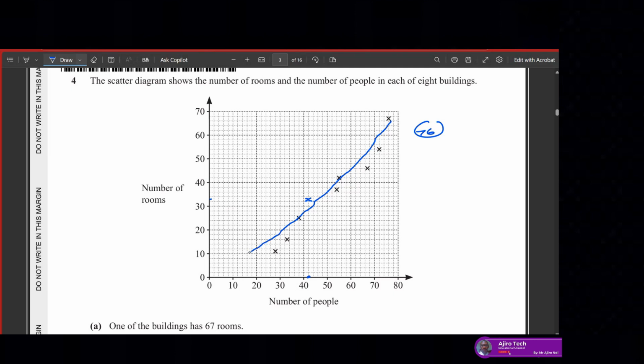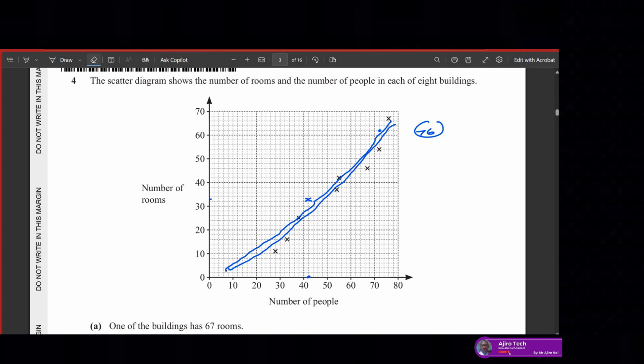You may touch some, okay? There is no particular order of drawing it, just that it should be in between the points, like this. You can't draw it outside here. This is not line of best fit. Do you get that? Yes. So this is line of best fit.